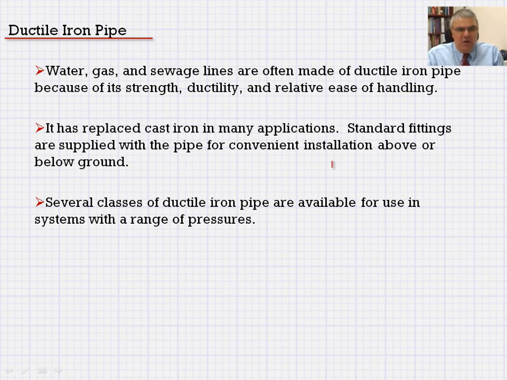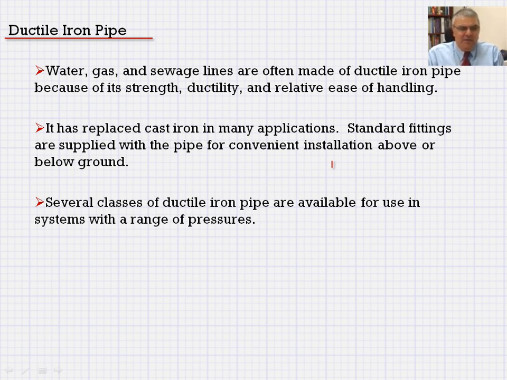All the tools are pretty much in place. Remember that you may have a marvelous system of piping, but if you don't have the right equipment or tools built to work with those, they really become useless. The ductile iron pipe has replaced cast iron in many applications.